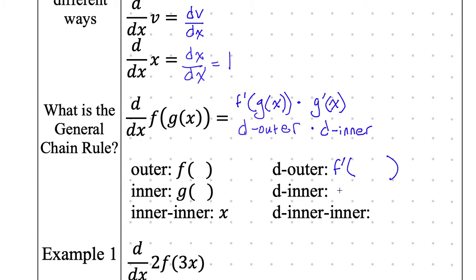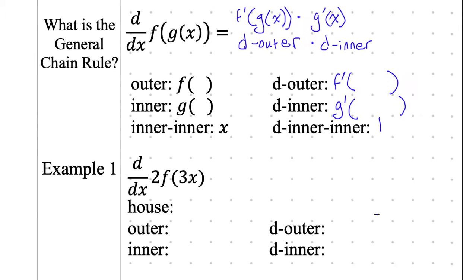G prime of something. And if inner is x, what is the derivative of your inner? Derivative of x is what? 1. There it is. Eventually you should end by multiplying by 1. That is the spot at which you say, okay, I have now found all of the derivatives. I'm done. That's the end point of chain rule.